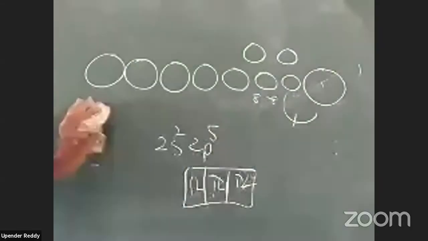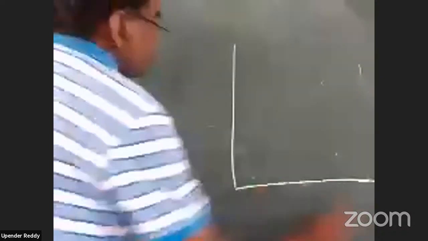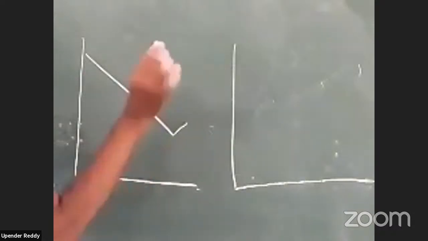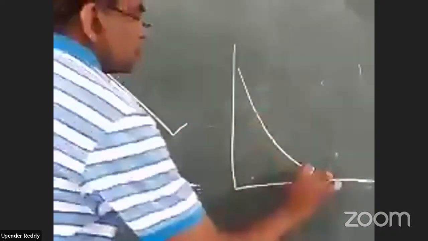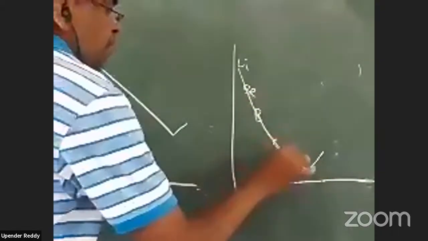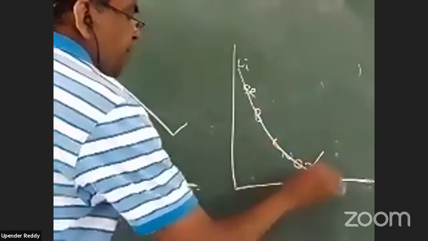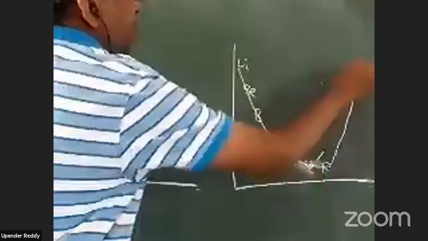And one more important point I'm going to explain. I'm going to write 2 graphs here. Which graph is correct? You can explain to me. Lithium, beryllium, boron, carbon, nitrogen, oxygen, fluorine, neon.